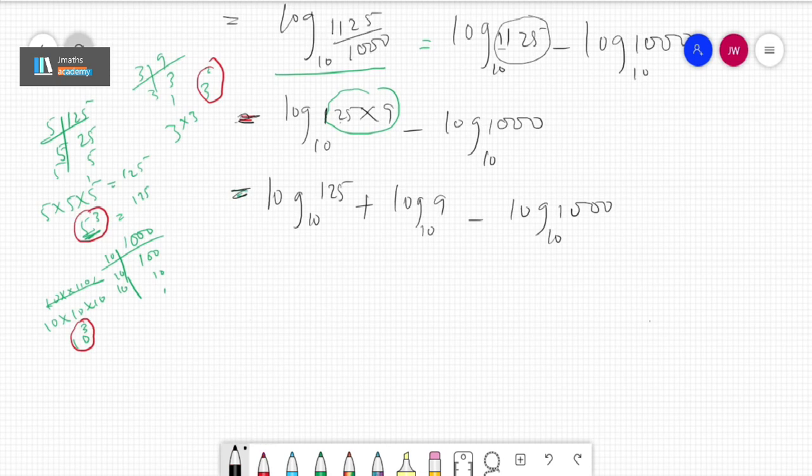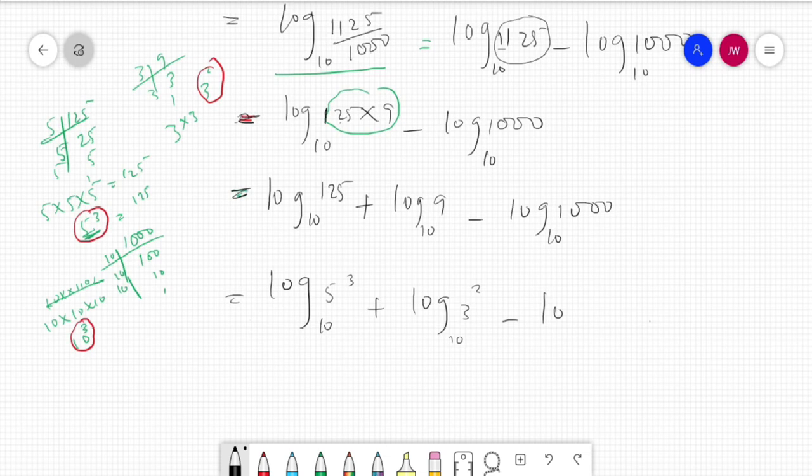Okay, so let's continue. This will be log 5 raised to the power of 3 base 10 plus log 3 raised to the power of 2 base 10, minus log 10 raised to the power of 3 base 10.